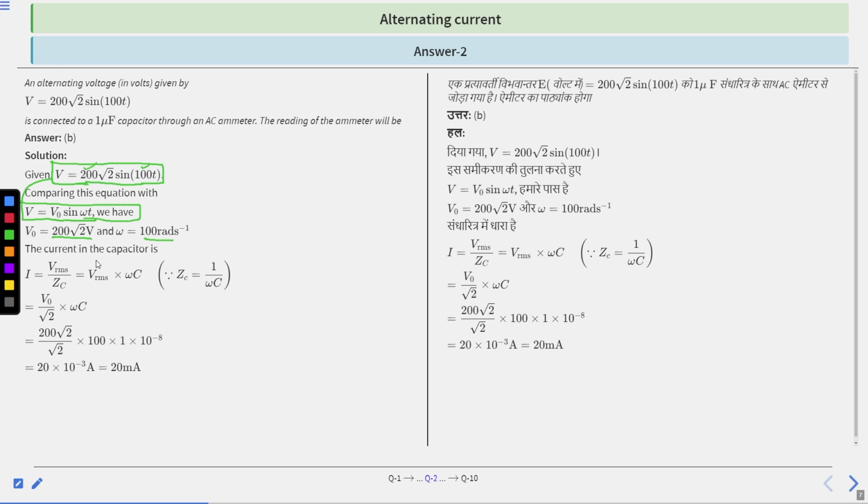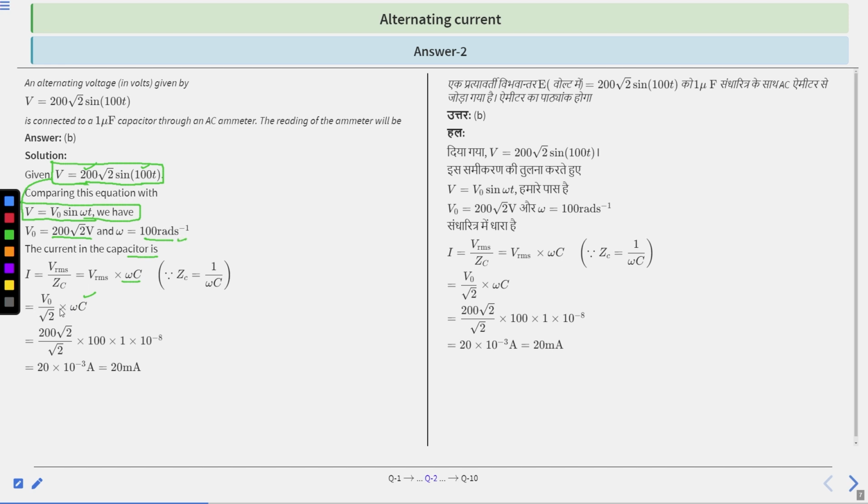Clear? And the current in the capacitor is I equal to Vrms divided by Zc, which is equal to Vrms into omega c, since Zc is equal to 1 upon omega c. So I equal to Vrms, which is V naught divided by root 2, multiplied by omega c, where omega is 100 radian per second.